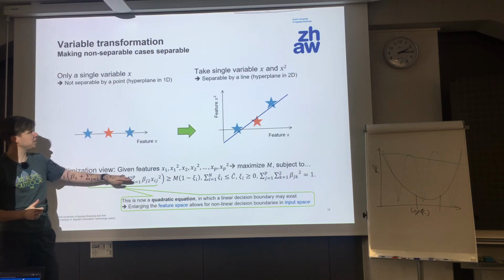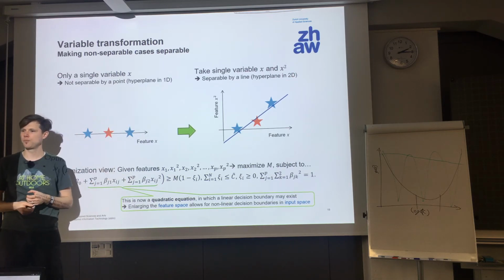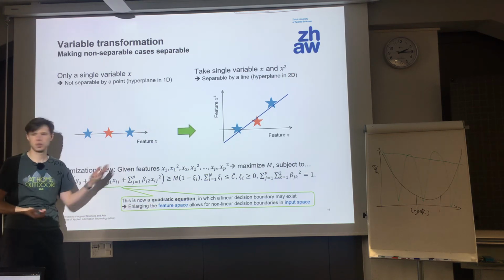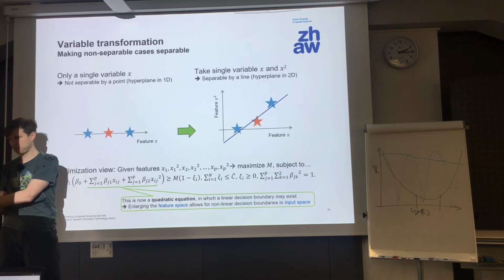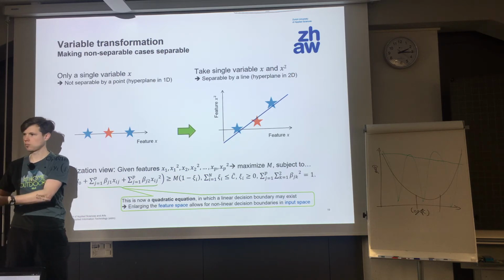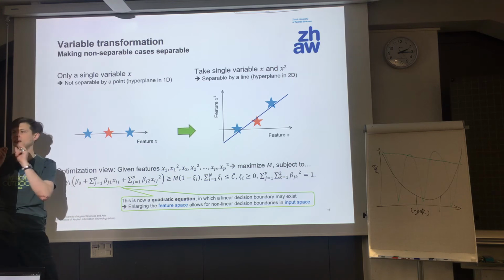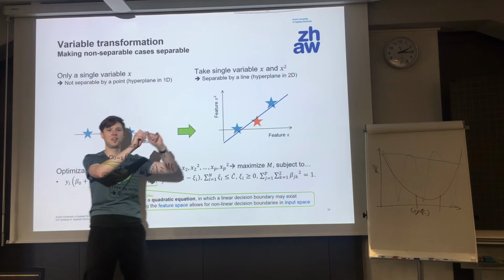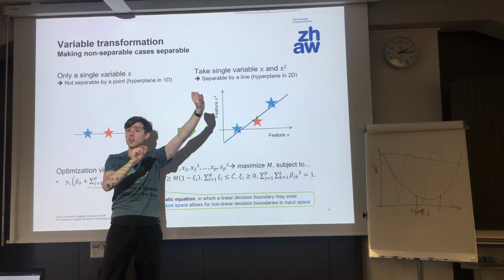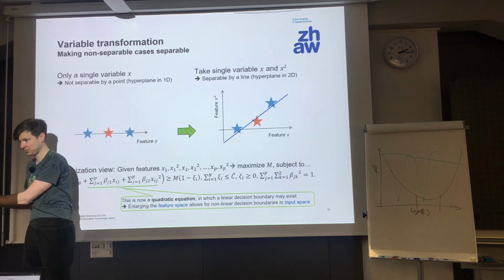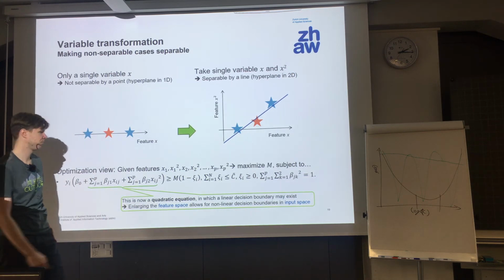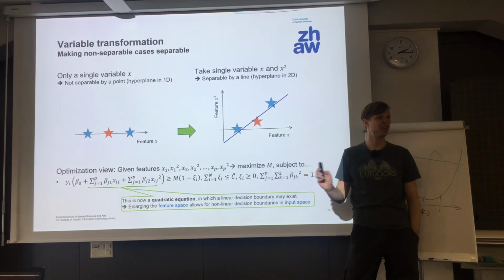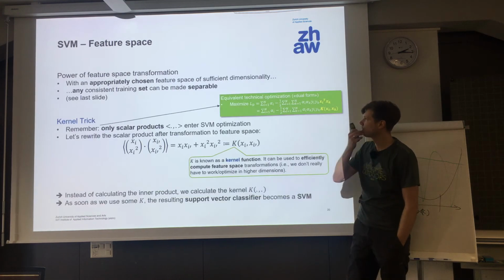In this specific case here, where we add just the quadratic feature, this feature space is quadratic. Input space is still linear. We can now fit a linear function in feature space that can linearly separate the data in feature space that is not linearly separable in input space. That's the whole idea. Quite a simple idea. And now we can start extending it.